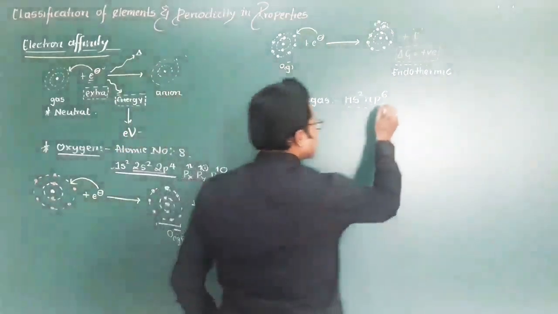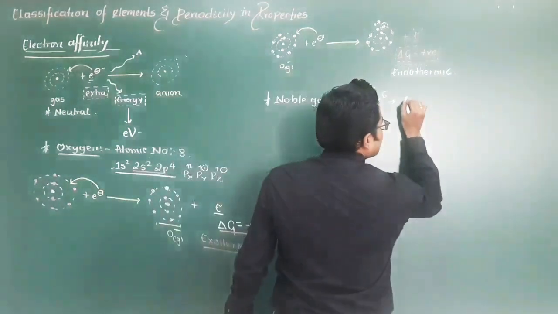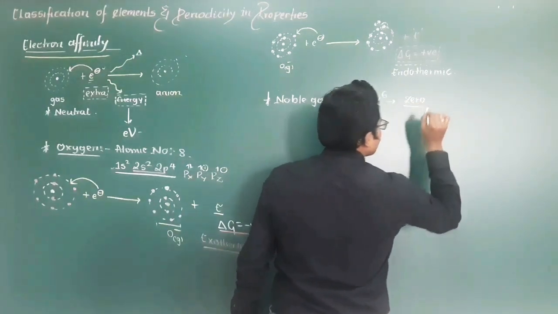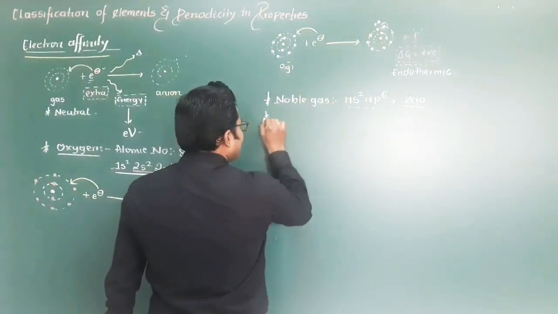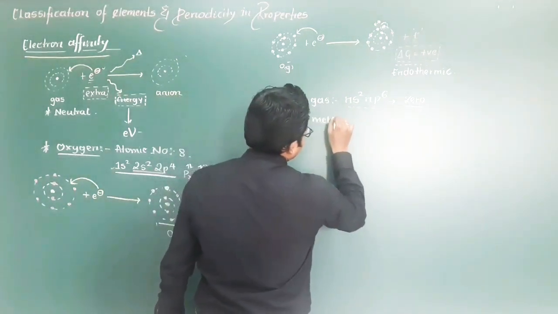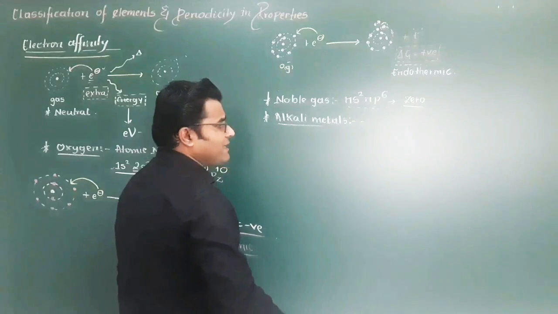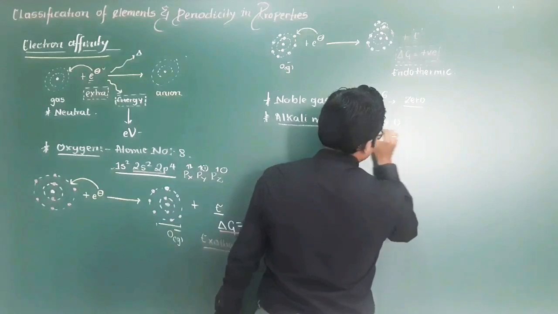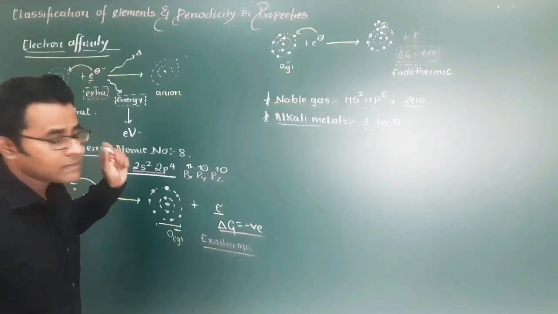So in such cases, the electron gain enthalpy is going to be taken as 0. Affinity is going to be completely 0. While alkali metals have an electron affinity ranging from 1 to 0, in terms of electron volts.